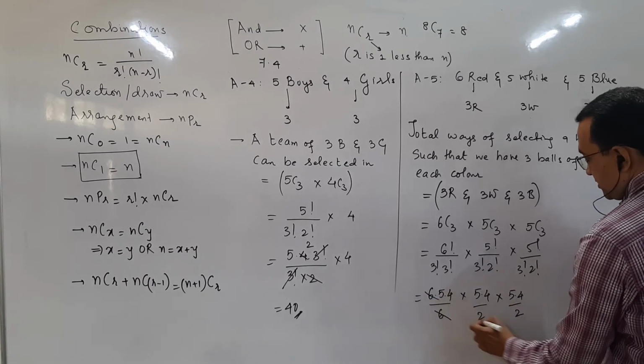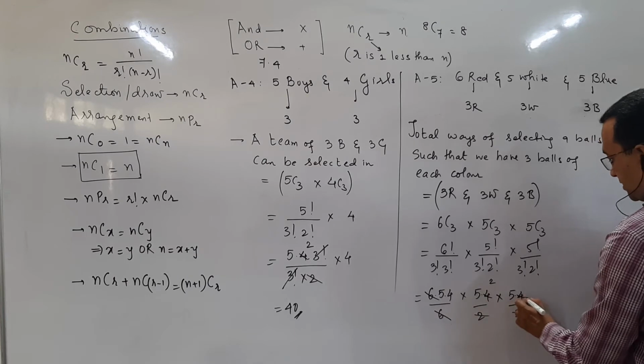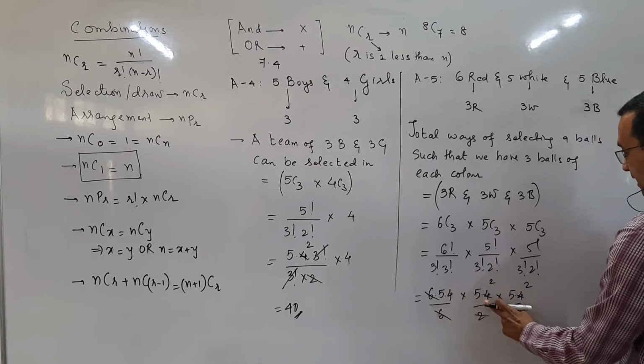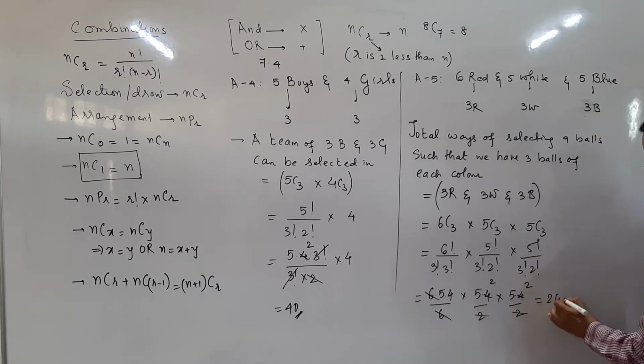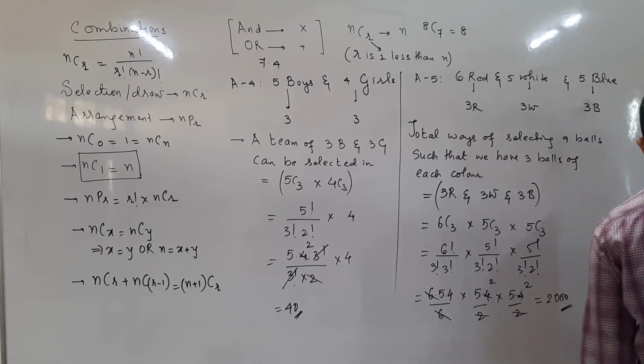So 20 times 10 times 10 gives 2000 ways.